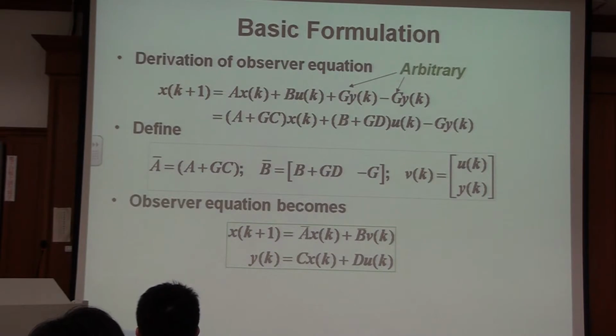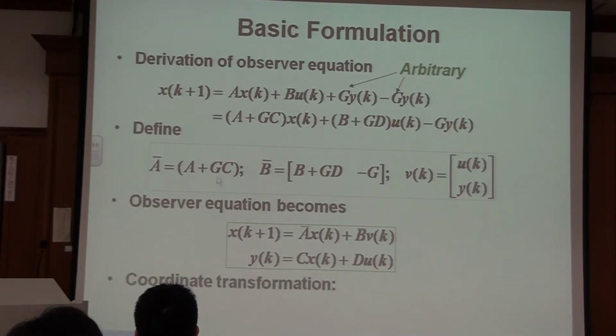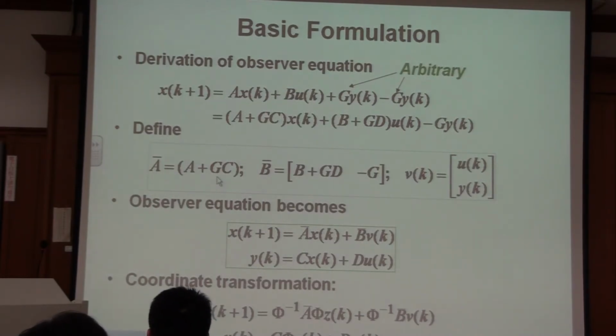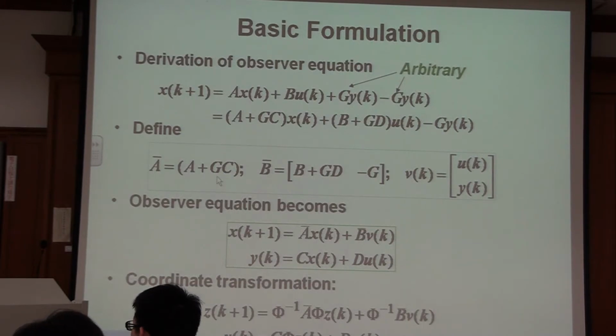All right. Now, because G is arbitrary, in A plus GC, I can choose my G such that the eigenvalues of A bar, equal to A plus GC, will be my desired eigenvalues.